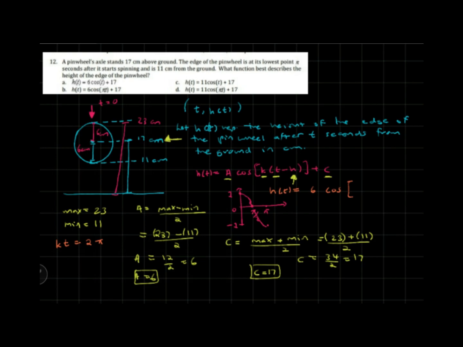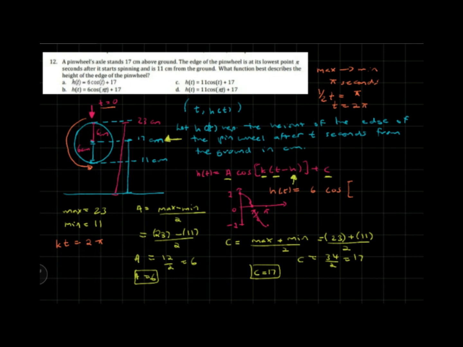So what that tells us is that we started at the maximum point at time t equals 0 and ended up at the minimum point in pi seconds, and that represents half a period. So if half a period is equal to pi seconds, then a full period here should be 2 pi seconds, right?